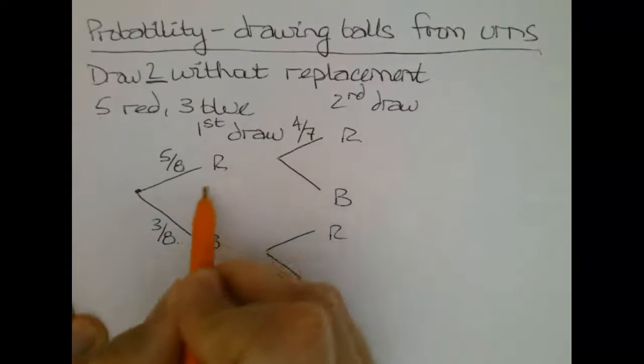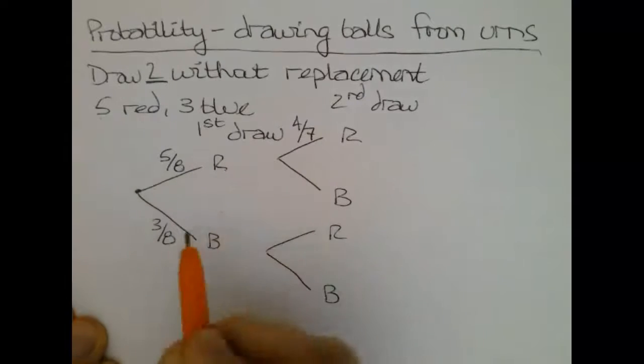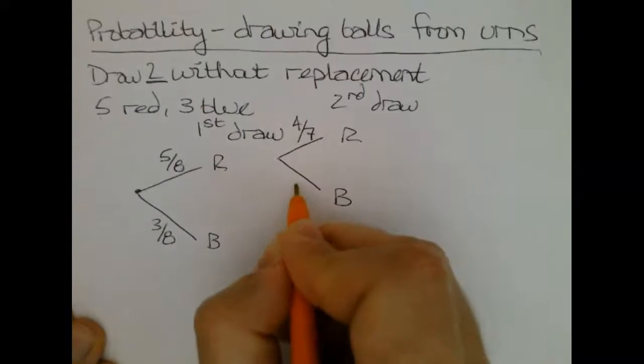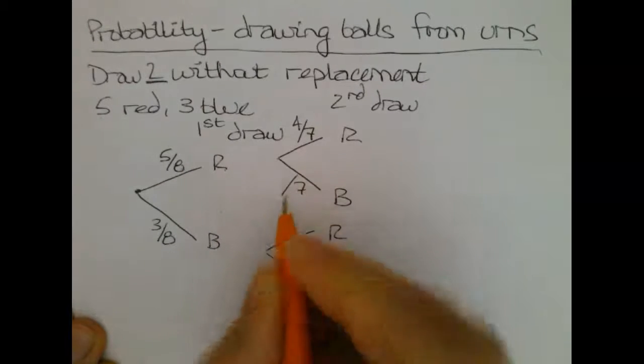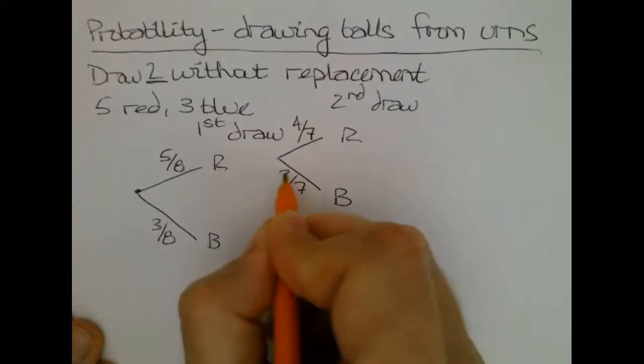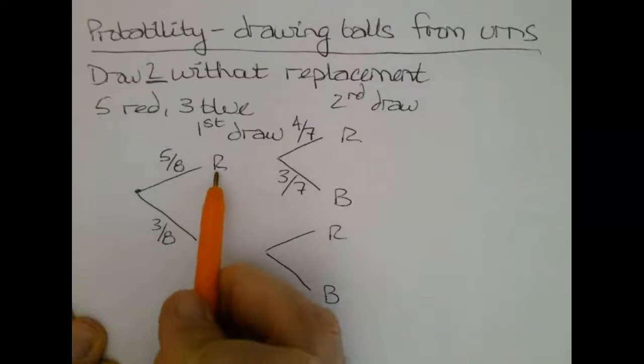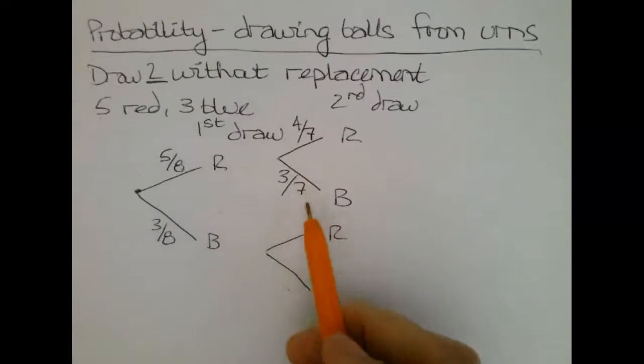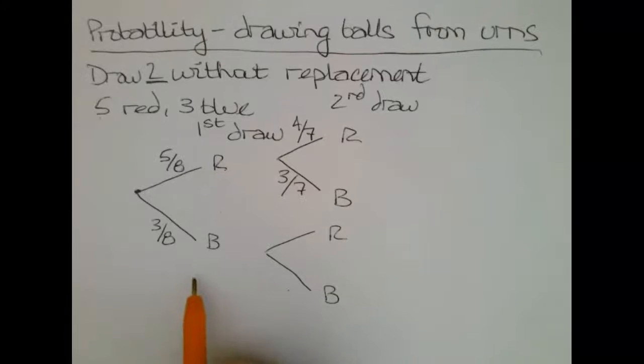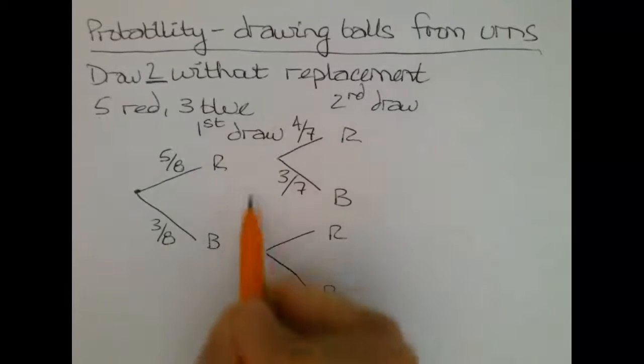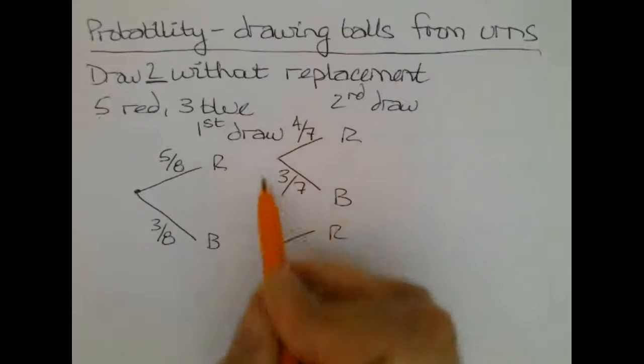After the first draw, if I got red, there are still only 7 paper clips left, and 3 of them are still blue because I got a red one the first time. It didn't affect the number of blue ones. These are conditional probability ideas.